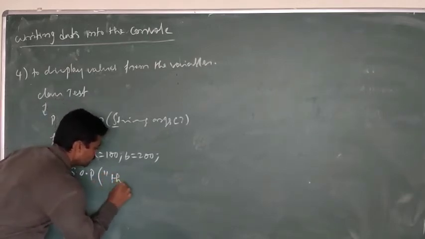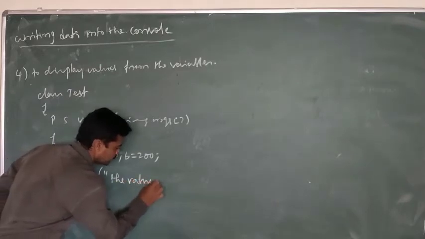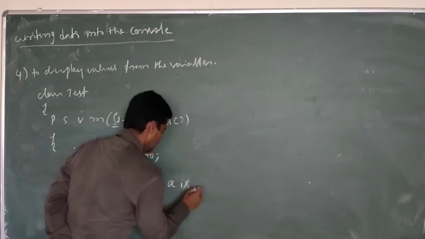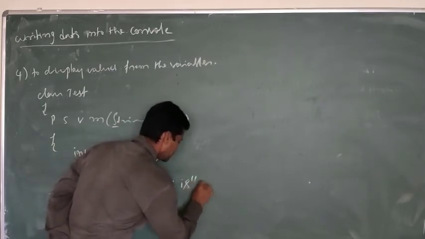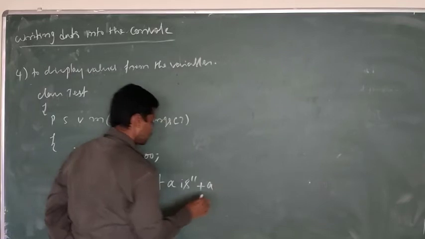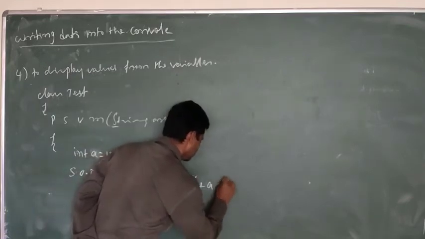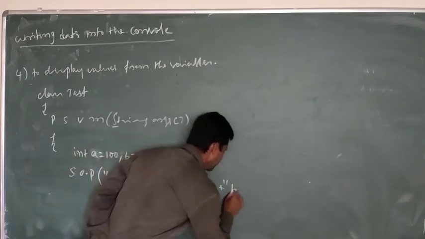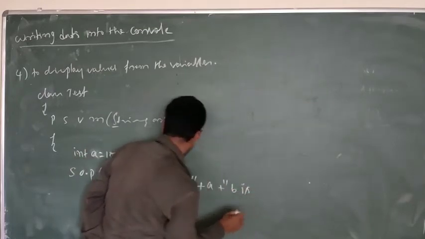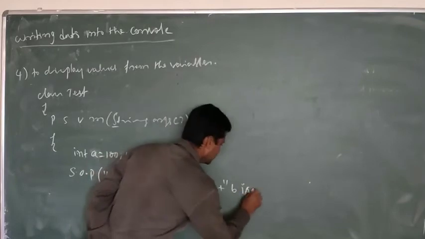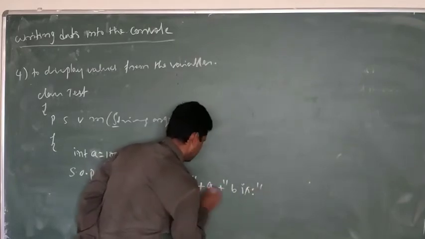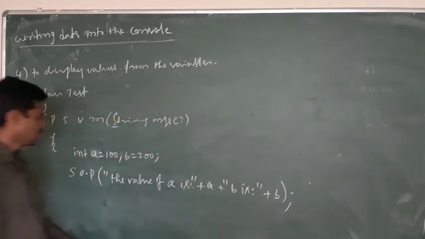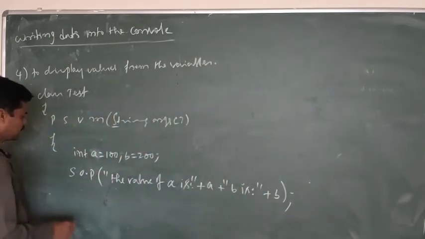So: the value of a is, plus a, and b is, plus b. So what is the output for this?